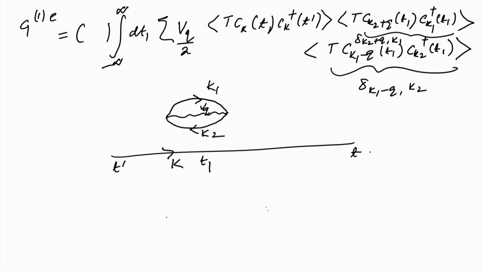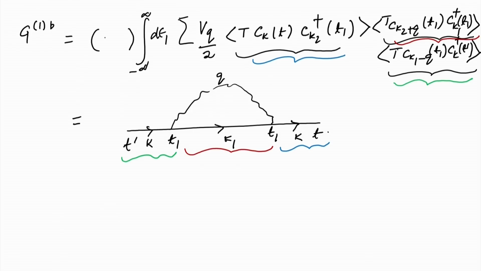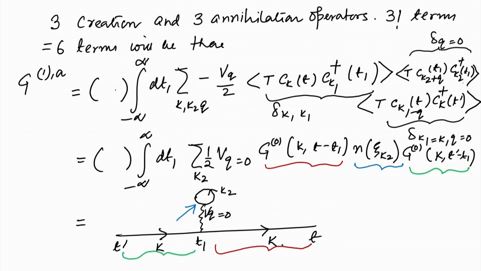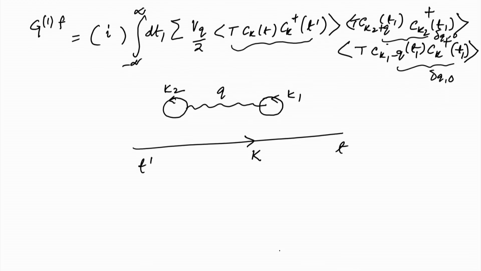Since we were talking about a first order Green's function, then we should have a factor of I in each of these cases. You can put this factor of I and so on. But that is not the end of the story.